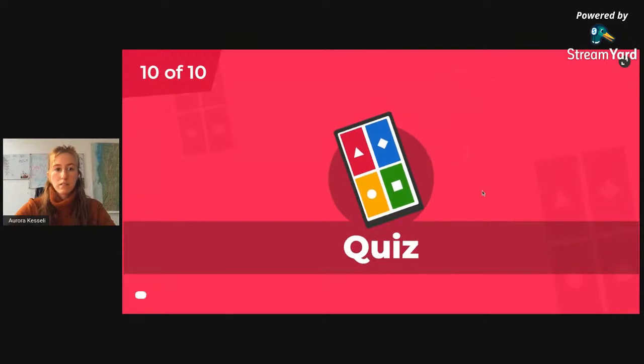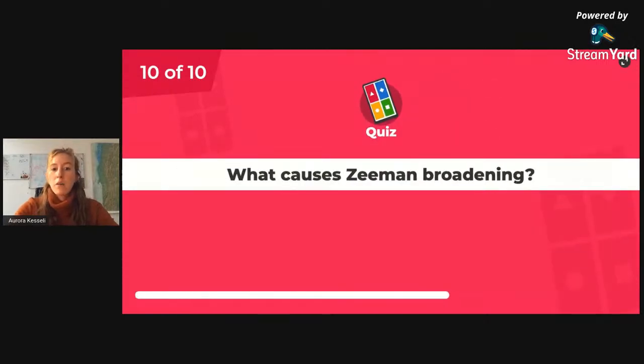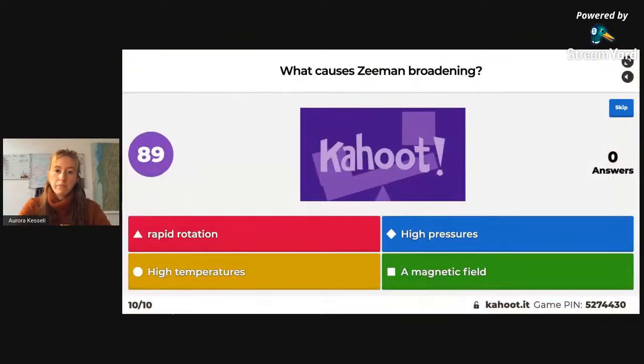Okay. So this is the last question. What causes Zeeman broadening? Is it caused by rotation? Is it caused by high pressures? Is it caused by high temperatures? Or is it caused by a magnetic field?